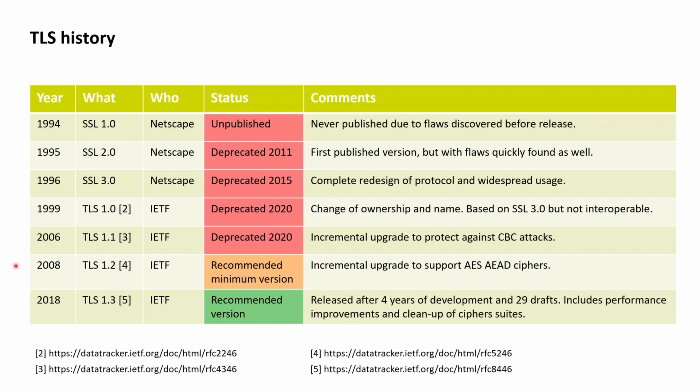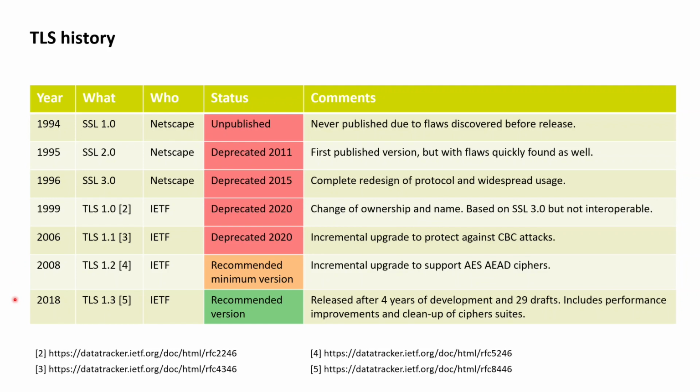Shortly after, in 2008, TLS version 1.2 was released, and its specification can be found in RFC 5246. TLS version 1.2 was again an incremental upgrade and, for example, added support for authenticated encryption with associated data modes. Then, in 2018, the newest version of TLS, TLS version 1.3 was released, and its specification can be found in RFC 8446.